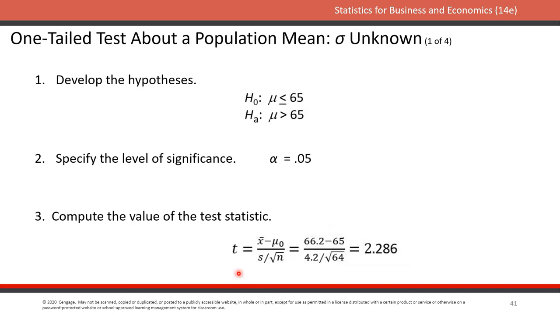I will say one thing I love about t, and why personally I almost always use t instead of z, is because when I'm dealing with real data, I never know the population standard deviation. So I have to calculate the sample standard deviation. This equation is what I use because it uses the sample standard deviation instead of the population standard deviation.